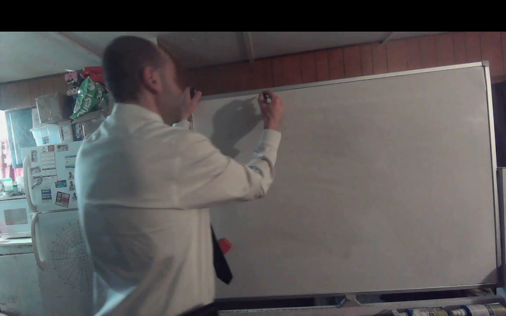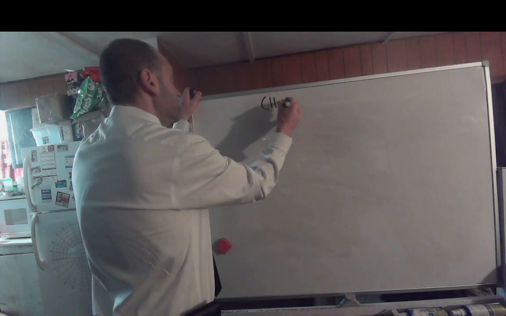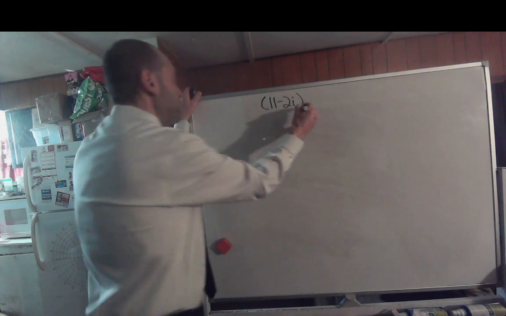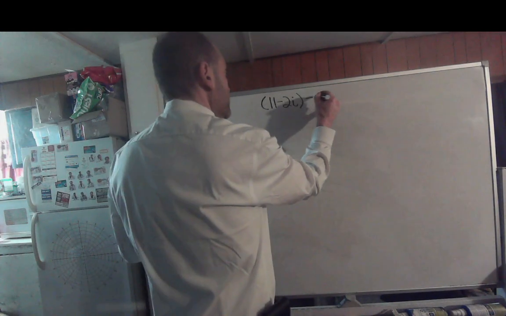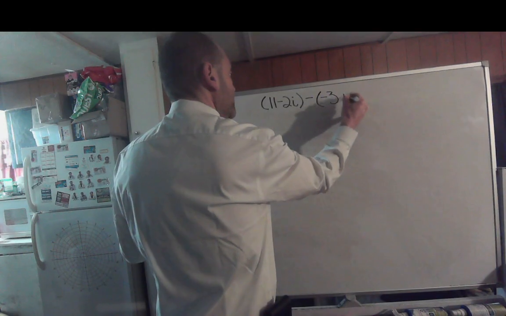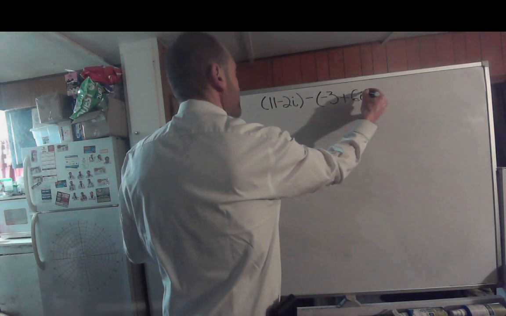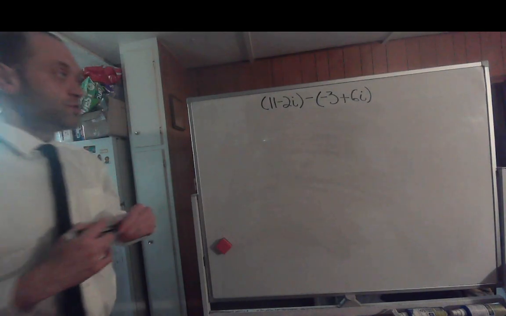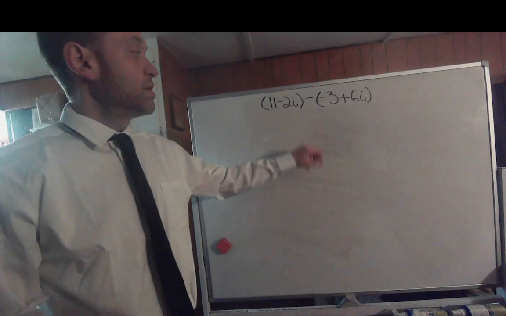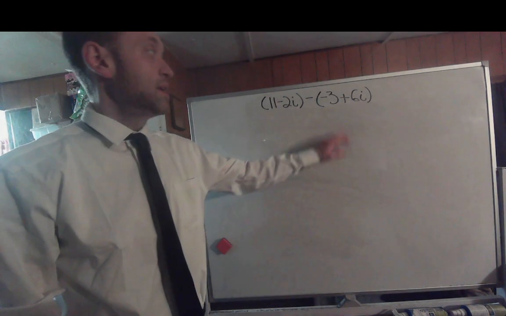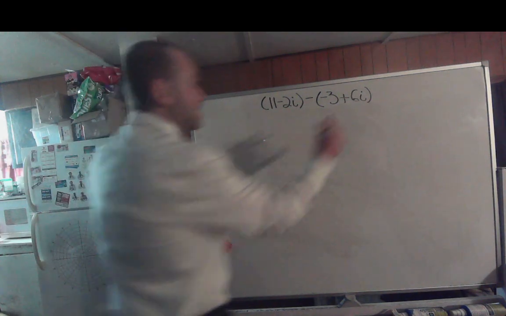Let's see, we have 11 minus 2i minus negative 3 plus 6i. So here's the difference of two complex numbers. You have the quantity 11 minus 2i minus the quantity of negative 3 plus 6i.